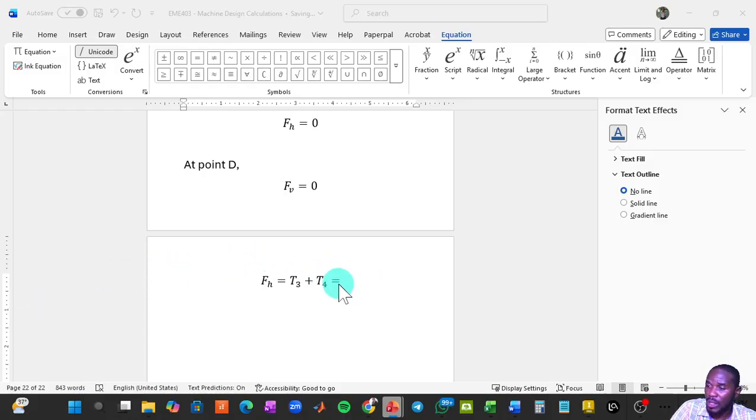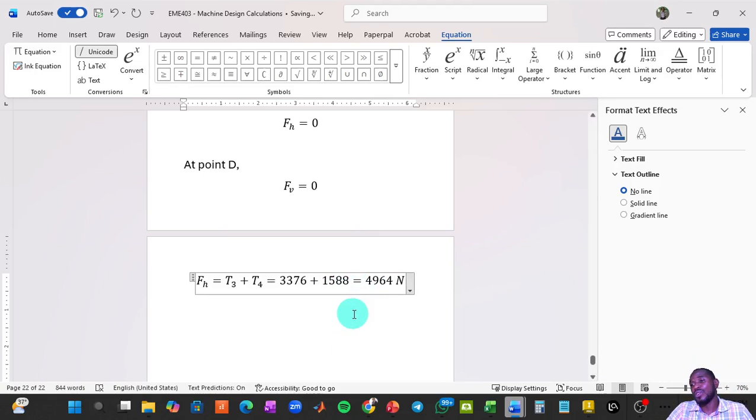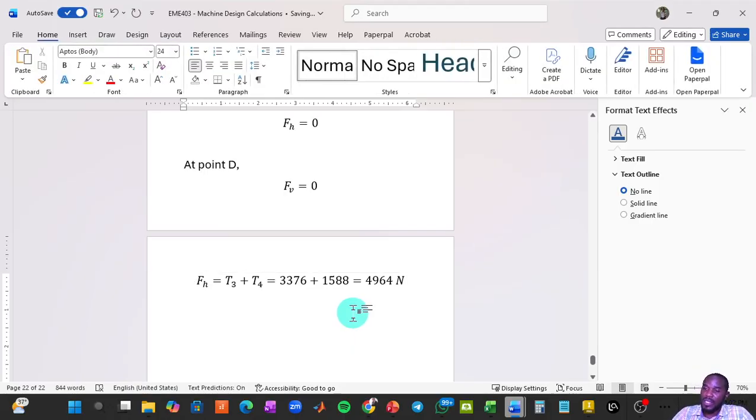They are 3376, the value of T3, plus 1588, the value in the slack side. So altogether we have 4964 newtons as the horizontal force acting at point D.